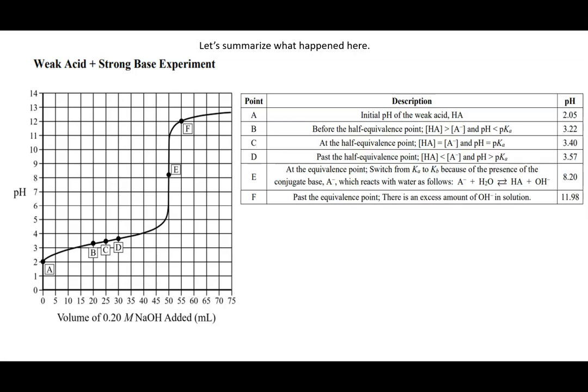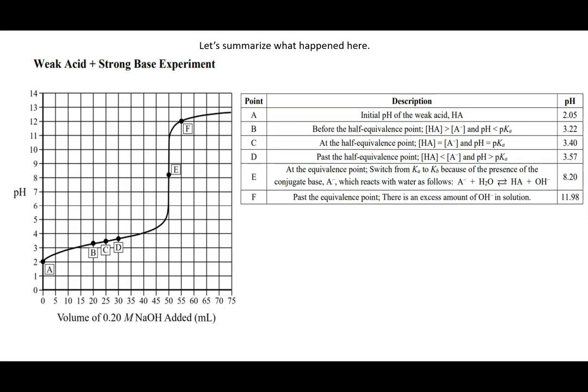So if you look at the difference between, say, 48 milliliters and 52 milliliters, the pH goes from 5 up to 11, or maybe even closer to 12. So 5 to 11 would be 6 pH units. That's a factor of 1,000,000. So the concentration of acid has decreased by a factor of 1,000,000 over the course of just a few milliliters.